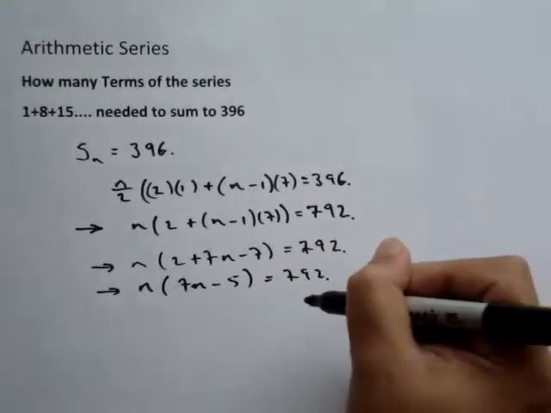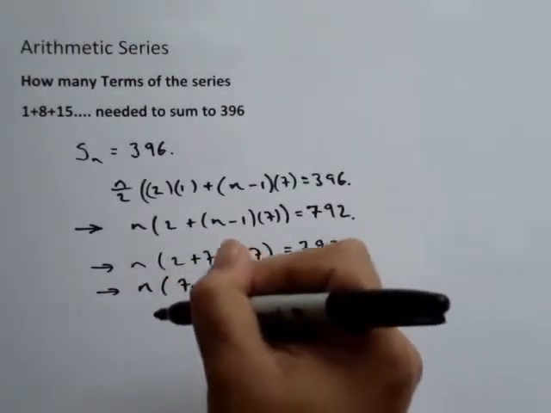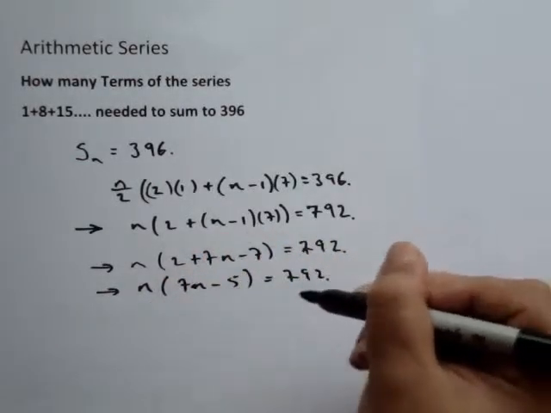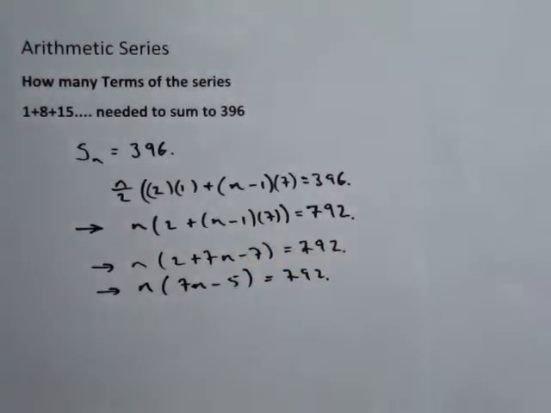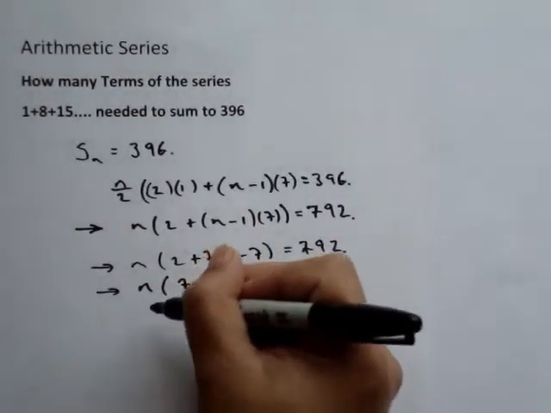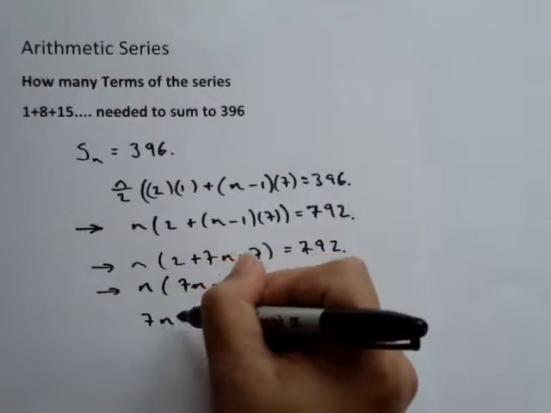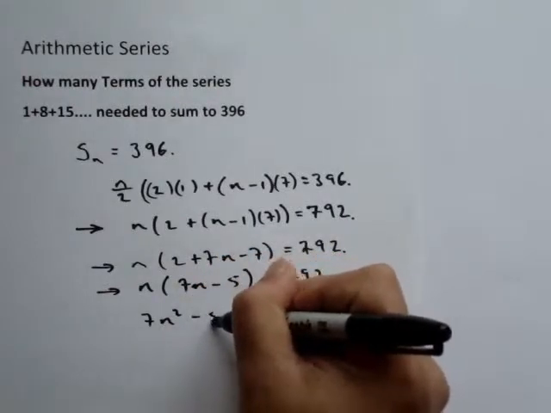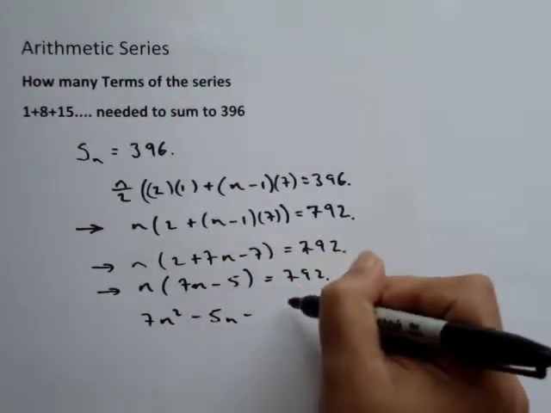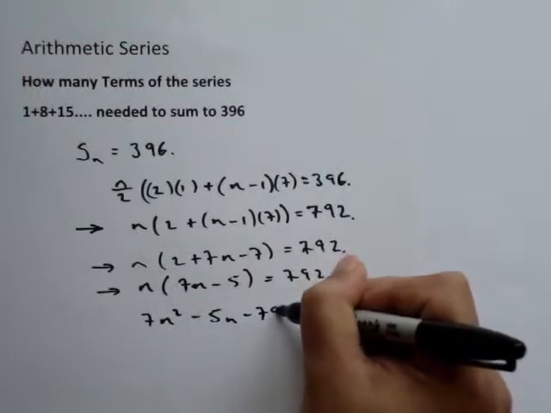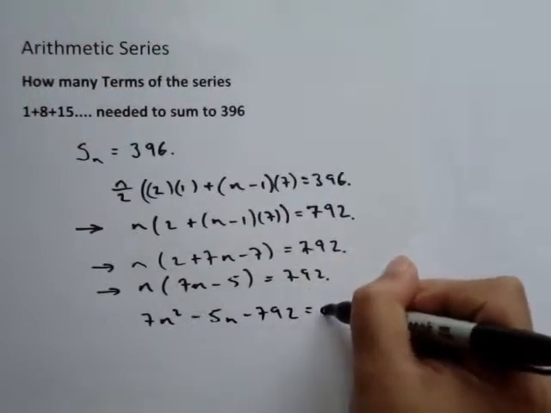Then when we get rid of these brackets and make it equal to 0, we get 7n squared minus 5n minus 792 equals 0.